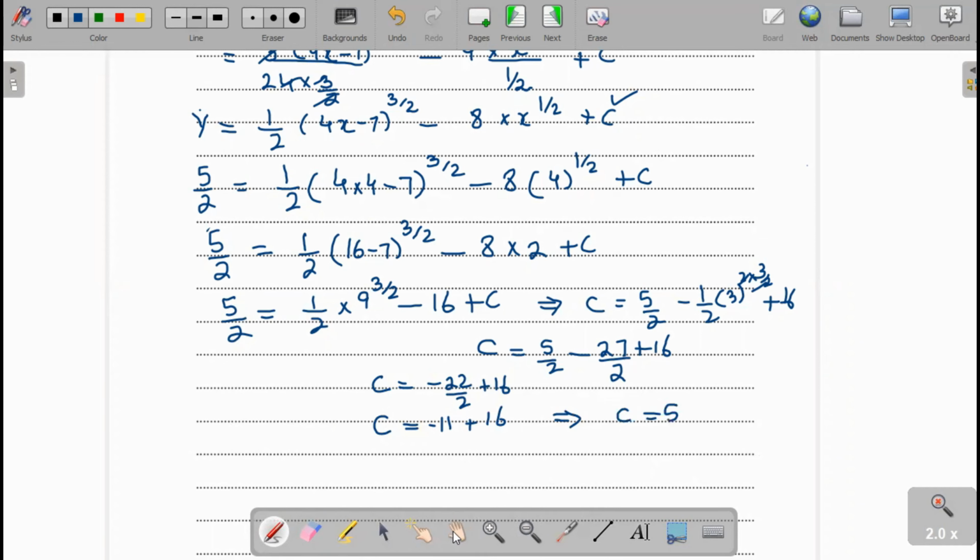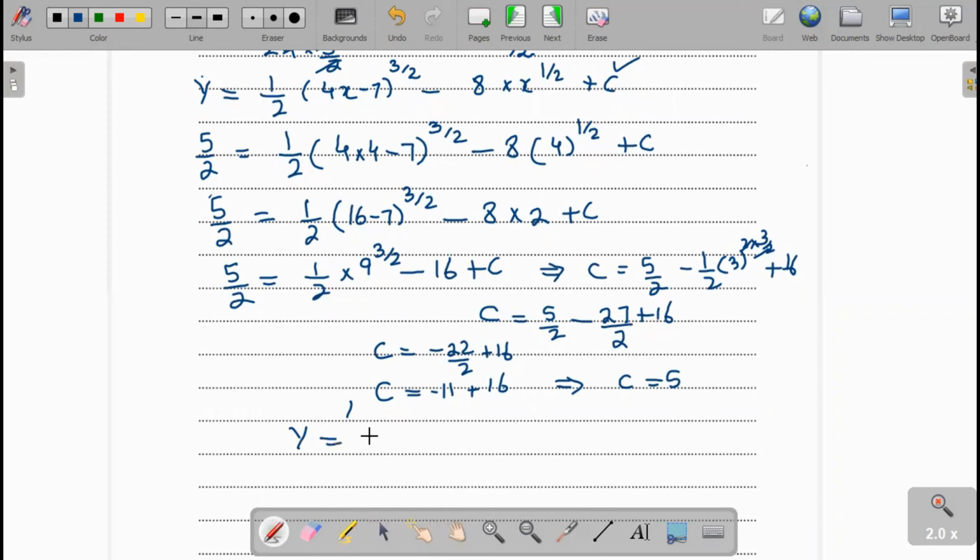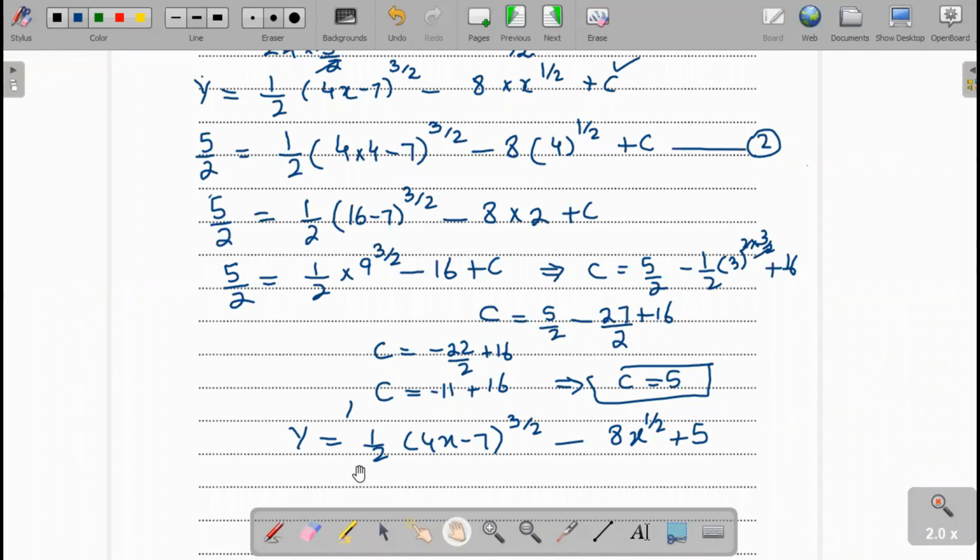Now our equation becomes y equal to 1/2 (4x minus 7) to the power 3/2 minus 8x to the power 1/2 plus c. We put the value of c, which is 5, in this equation. This is the equation of the curve.